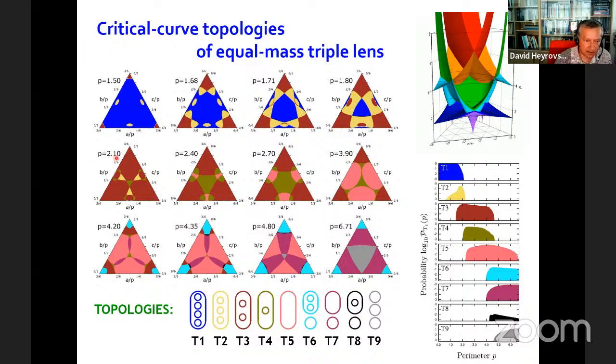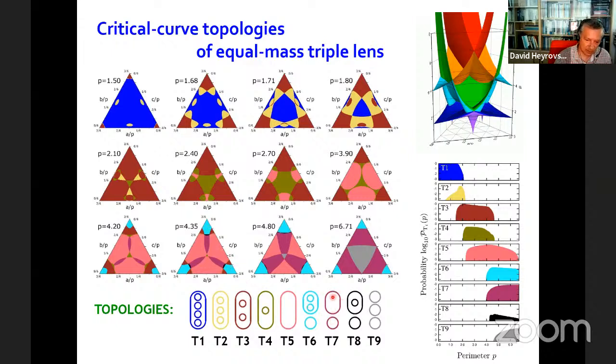And as you go up higher, gradually different regimes start appearing. So you have 1 loop with 2 inner loops, 1 loop with 1 inner loop that occurs here, here, or here. Then you have 1 loop in total that is in these pink areas. And here you start getting regimes which are similar to the asymptotic regimes. So you have essentially a closed binary plus a separate lens that appears in these cyan regions.